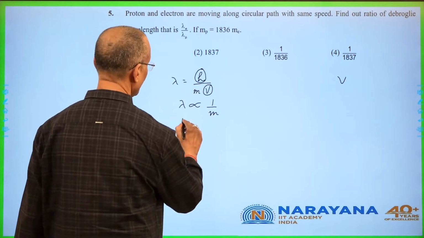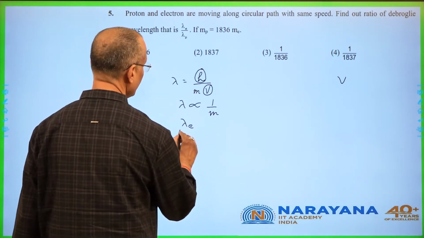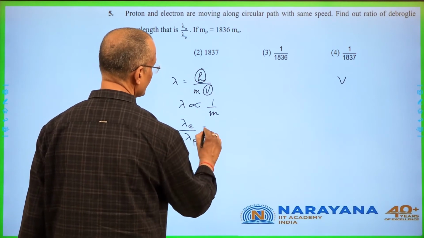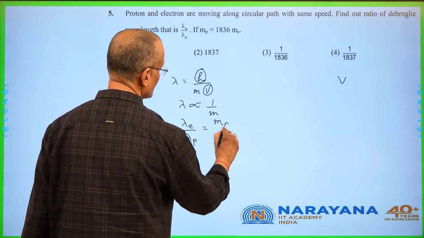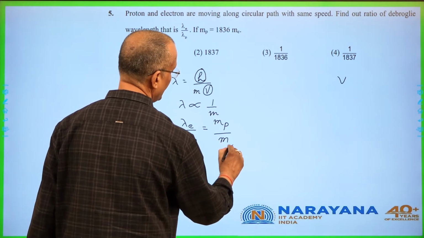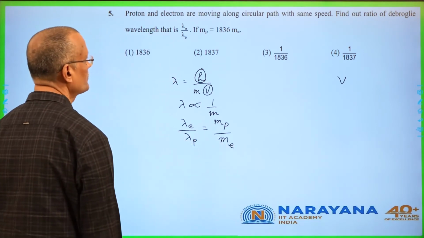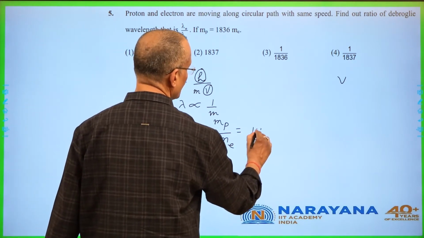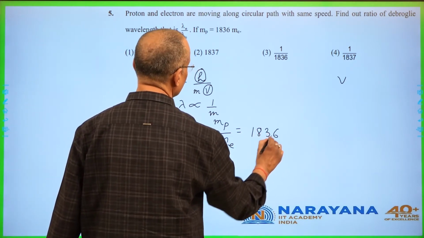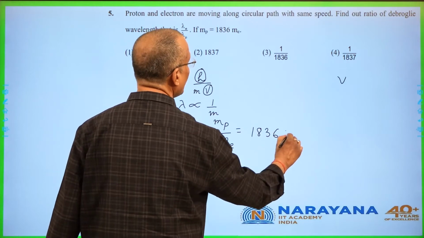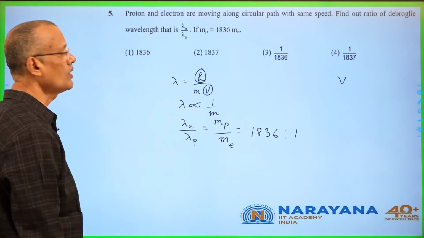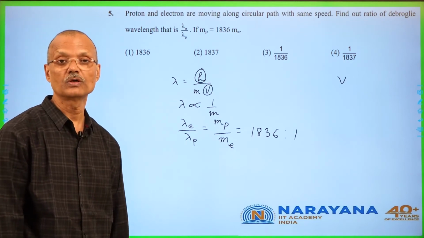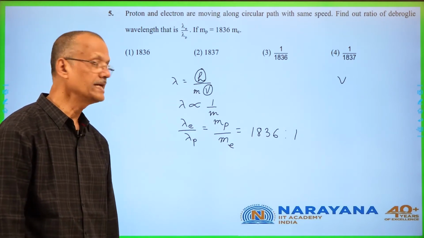They are asking lambda E by lambda P, so this will be equal to mass of proton by mass of electron. Mass of proton they have already given as 1836 times, so 1836 is to 1.